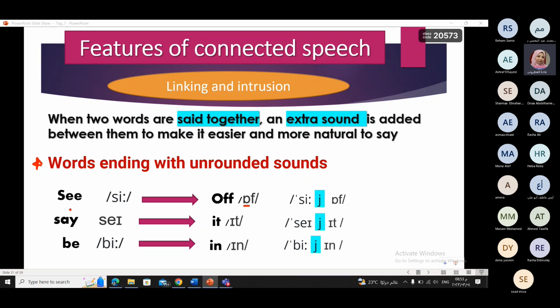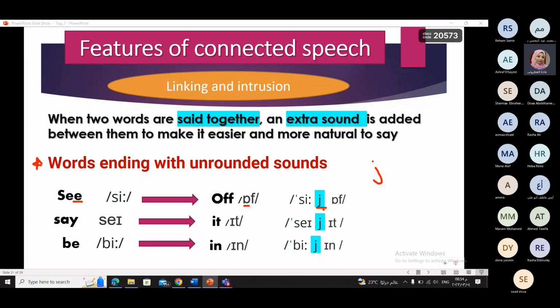Shall I pronounce it like this? See off, or see off? This is the extra sound, the ya sound. So remember, when words end with unrounded sounds and the next word starts with a vowel, the ya sound is intruded, or added, in between the two words.